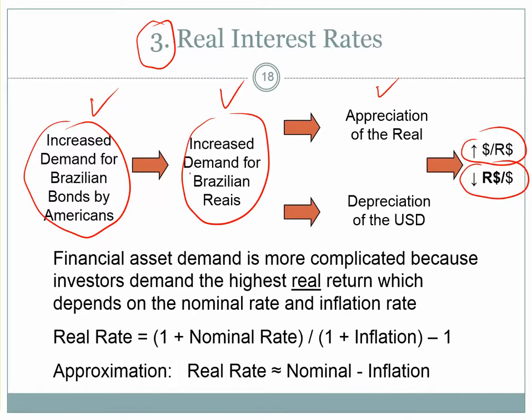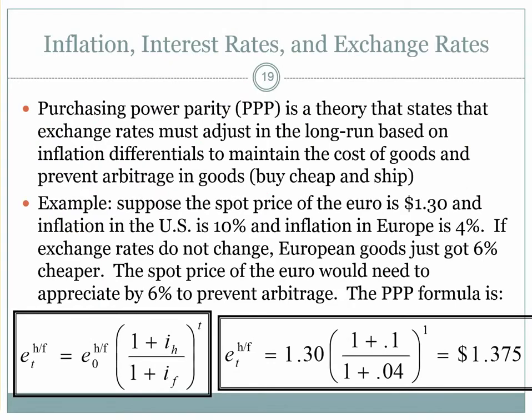So an important thing to think about here is investors are really searching for high real interest rates, meaning the interest rate on the bond roughly minus the inflation rate. And there are models to help us forecast exchange rates if you have a forecast of inflation rates. This model is called purchasing power parity, and it goes with the idea that if inflation is relatively high in one country, its currency will fall.